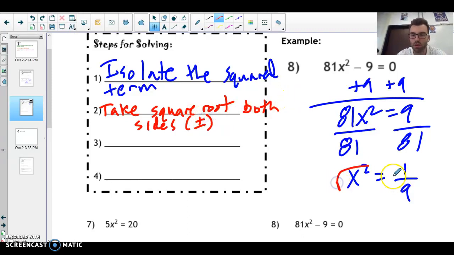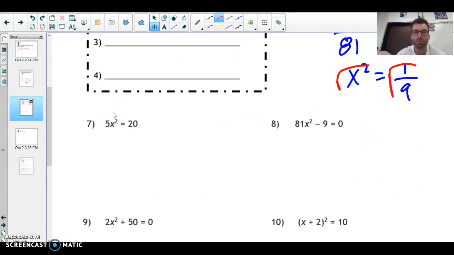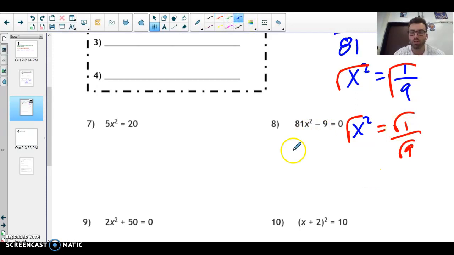If I take the square root of a fraction, what I really want to do is split it into 2. I want to take the square root of the numerator and the square root of the denominator. So I'm still going to have that square root step. This is the same thing as writing the square root of 1 over the square root of 9. It's still the same problem.